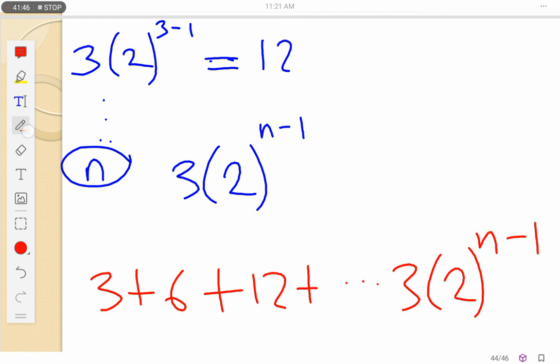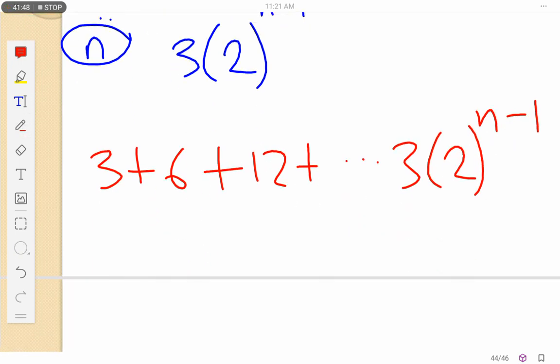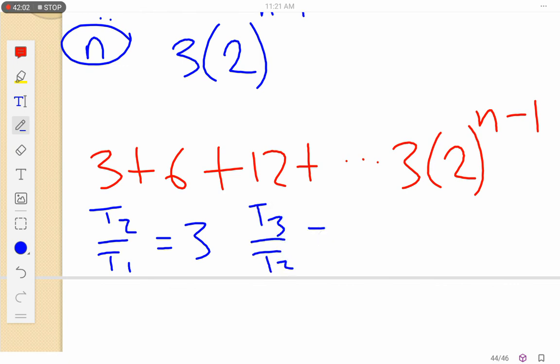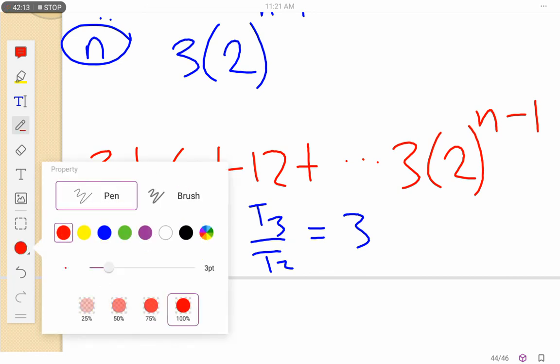This is our series. And we can see it's geometrical, because T2 over T1, I'll get a 3. T3 over T2, I'll also get a 3. So we have got a common ratio there, which is 3.